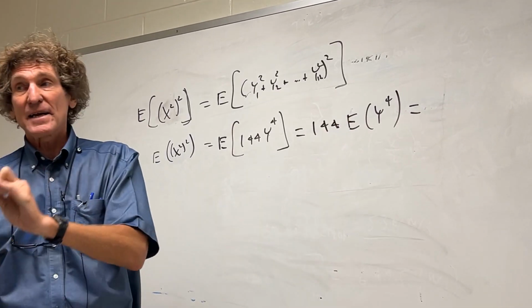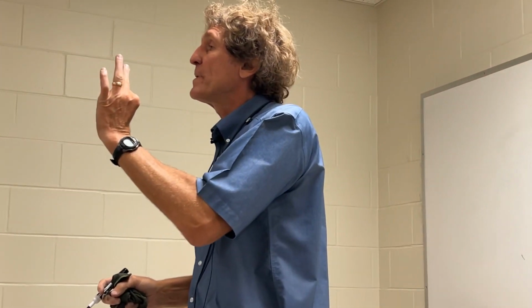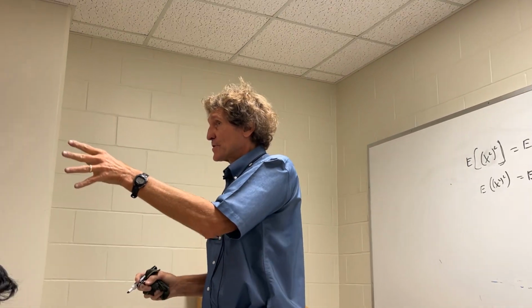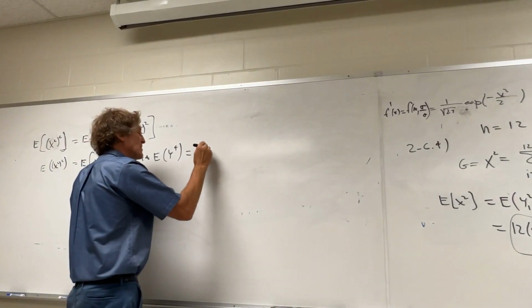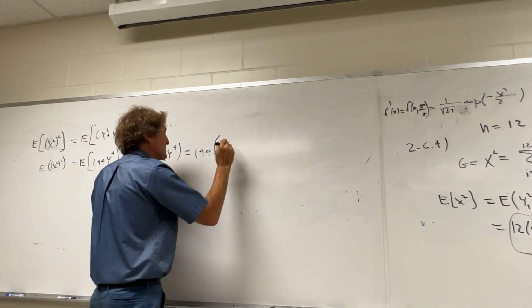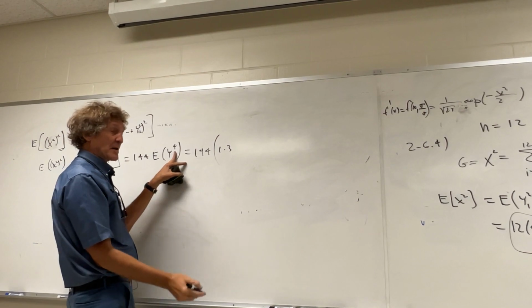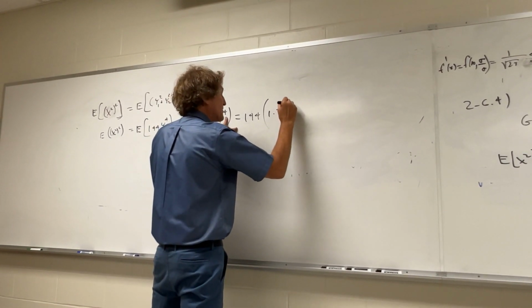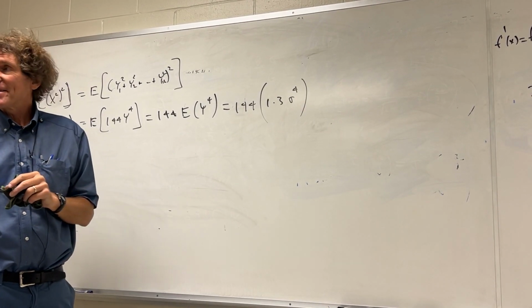Remember, y itself is a Gaussian random variable with zero mean. So if you remember back, that means this is 144 times 1 times 3 times up to n minus 1. Since n is 4, we stop at 3, right? And then we get sigma to the fourth. You all with me? That's a pain, isn't it?